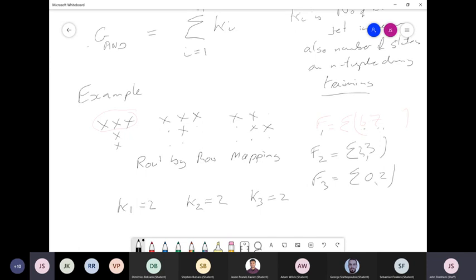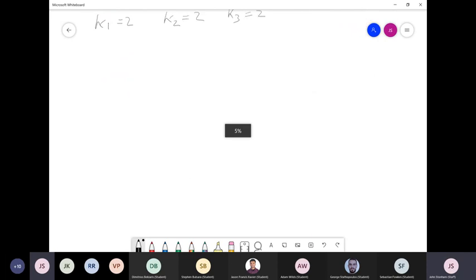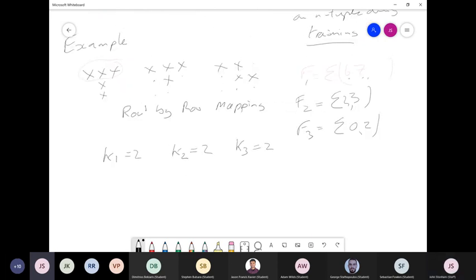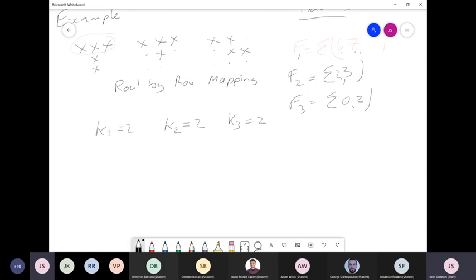So our generalization set G, remind you, is the product over i equals 1 to the number of pixels divided by the interval size, of Ki, and it is going to be 2 times 2 times 2 equals 8.